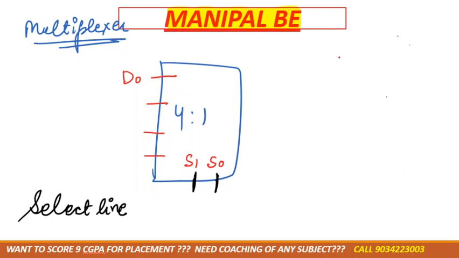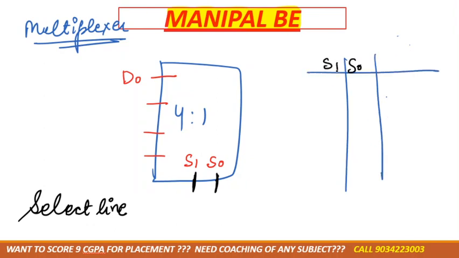Now tell me, if there are two inputs, how many possible combinations are there? Suppose in your room there are two bulbs, one of the bulbs is S0 and the other is S1. Then how many are the possible combinations?